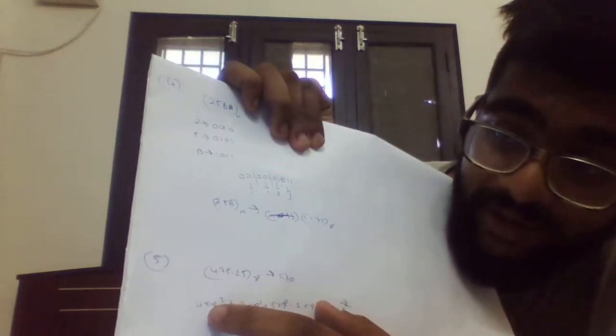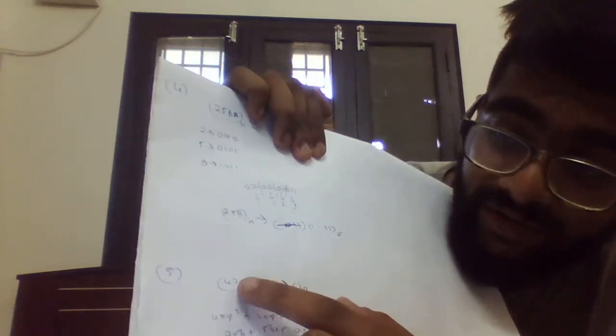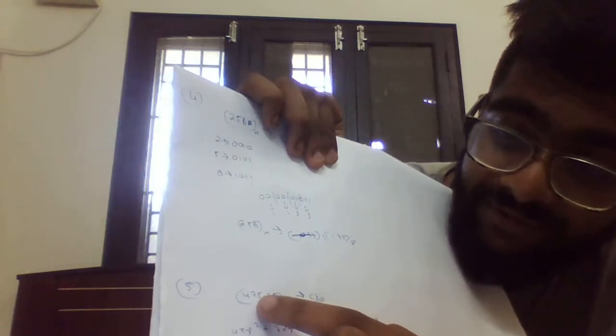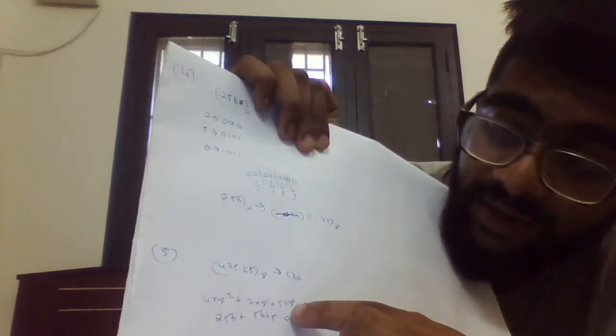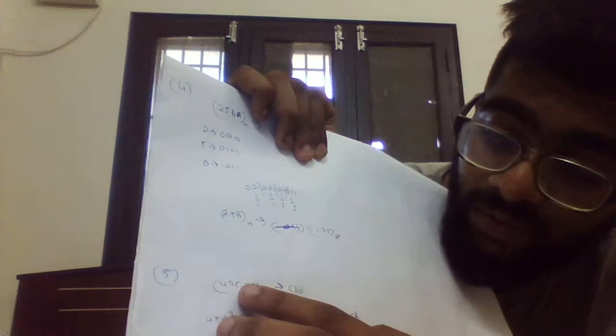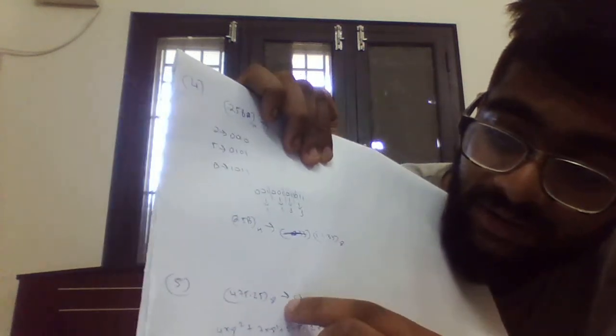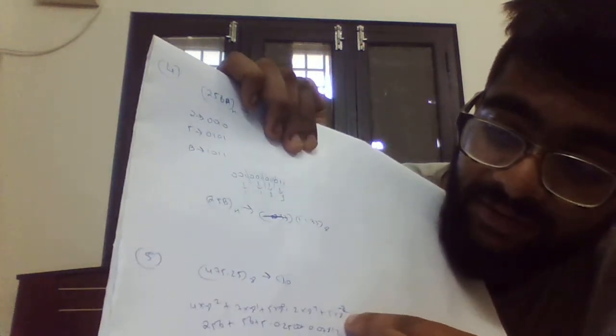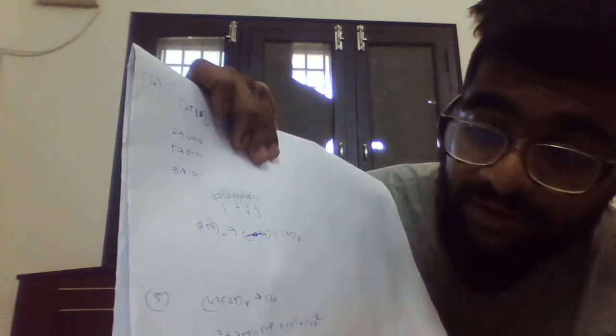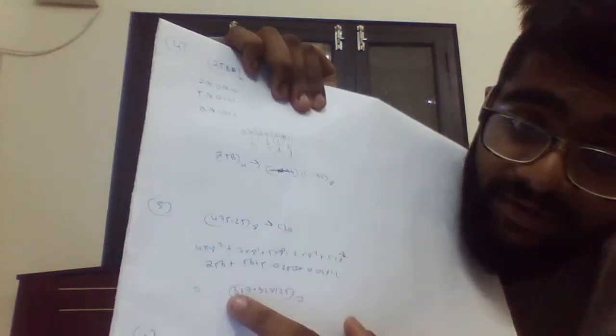So it's 4 into 8 raised to 2 plus 7 into 8 raised to 1 plus 5 into 8 raised to 0, and after the decimal point it will be 2 into 8 raised to minus 1 plus 5 into 8 raised to minus 2. You add all of that, and that will be your decimal equivalent.